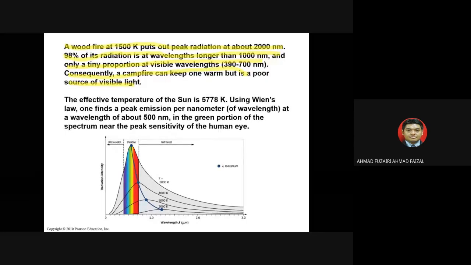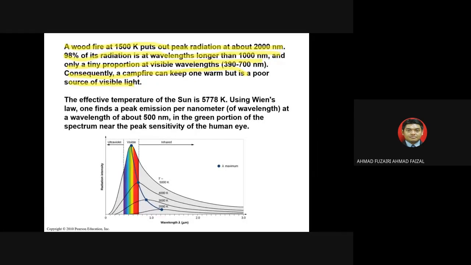So now you can refer to this graph. It says it is 1500 Kelvin, which is close enough to this 2000 Kelvin. So 90% of its radiation is at wavelength longer than 1000 nanometer. So this is 1000 nanometer. Say for example, we treat this curve as 1500 Kelvin.